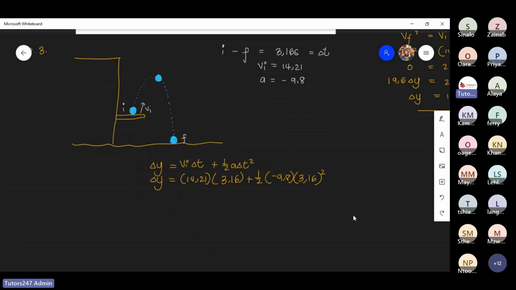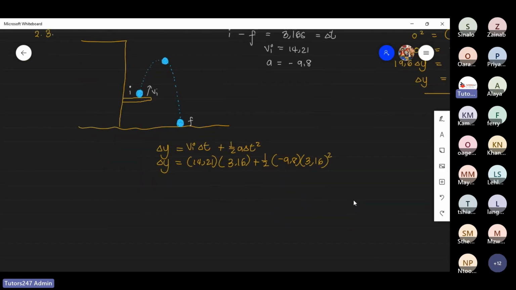So let us continue. From here, all we now need to do is put the entire right-hand side into our calculator. So we'll put that in, and that will then finally give us a value of negative 4.03. So that is my value of my displacement. So we have delta Y equals negative 4.03 meters.